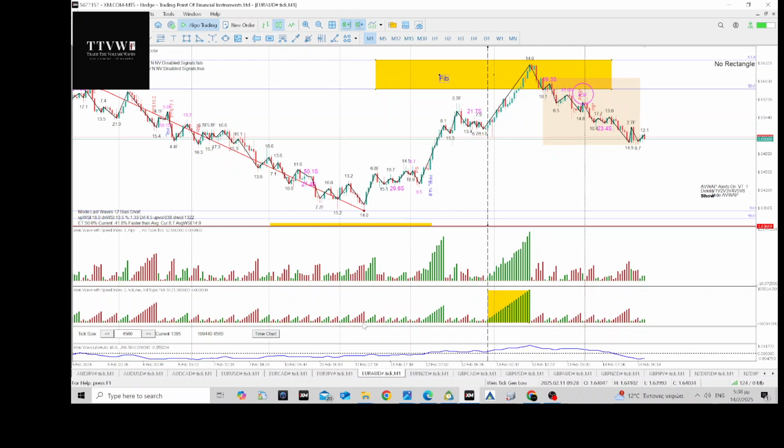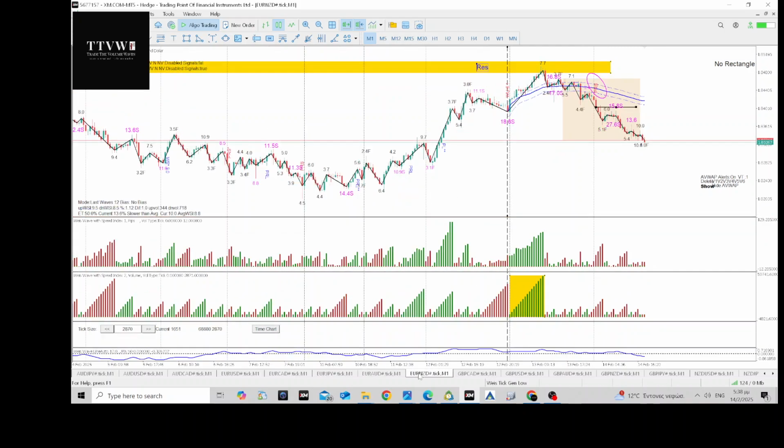Another example happening now. Okay, Euro New Zealand, same exact story. Resistance level, huge up volume wave, placed my AVWAP at the beginning of the up volume wave, and this is the signal I got.